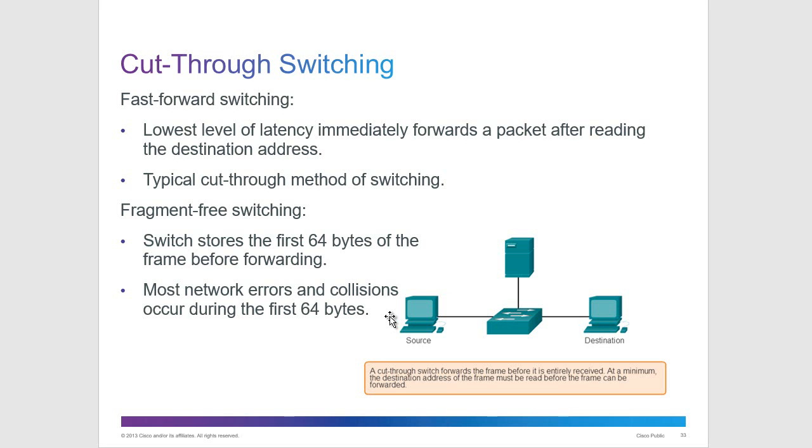And we looked at earlier, from talking about runts and giants and collision frames, that anything below 64 bytes is considered a runt. So that's why it stores those 64 bytes, to make sure you're not sending a runt frame onto the network.